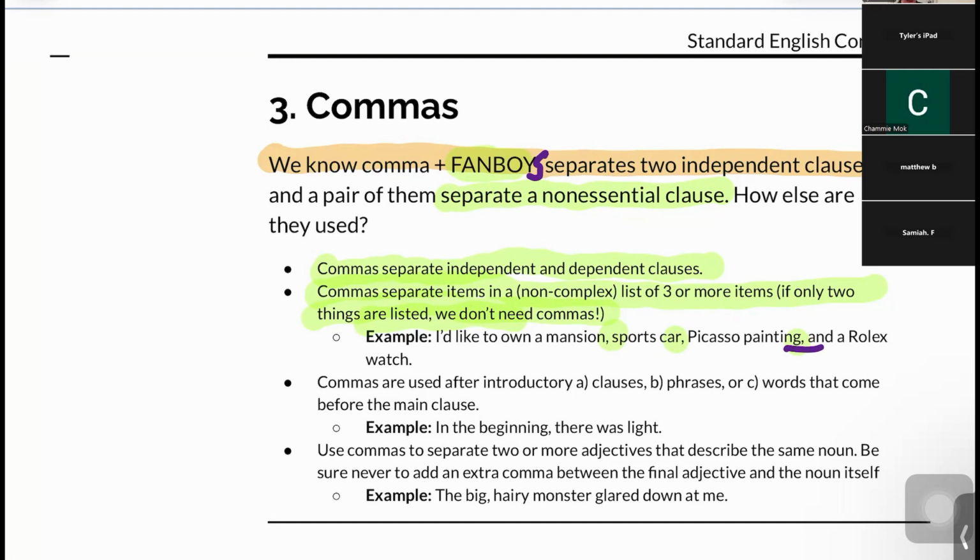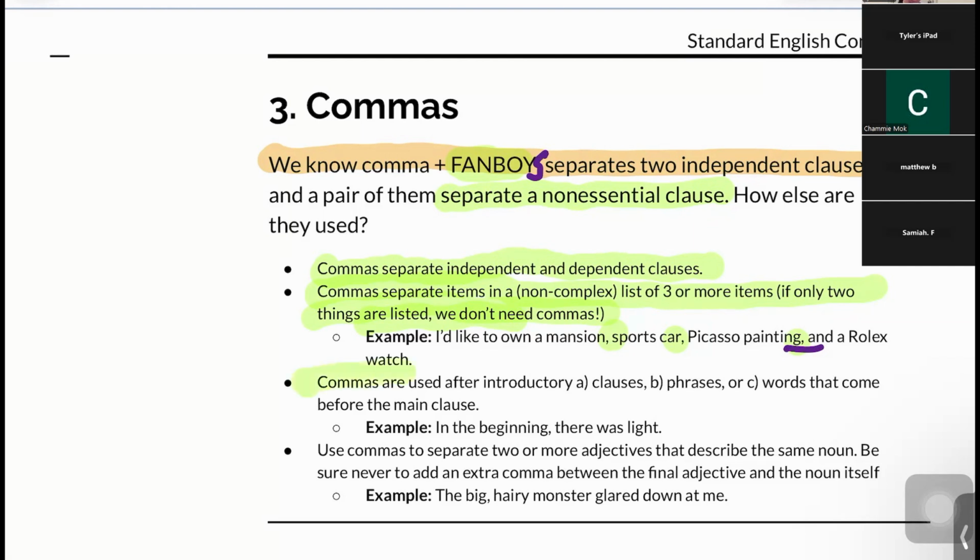So the comma after the second to last item in the list is necessary. This is a situation where that comma and isn't about independent clauses. It's just, in a list, you use a comma in between every item, and then you also use an and to introduce the final item on the list. So, comma in between every item of a list, including the second to last and the last.